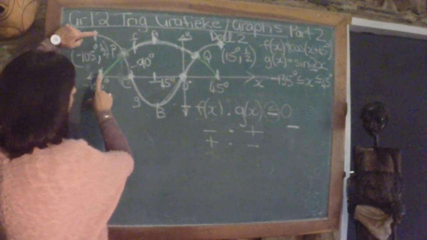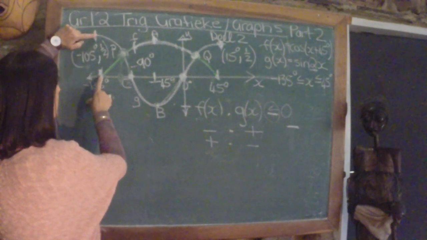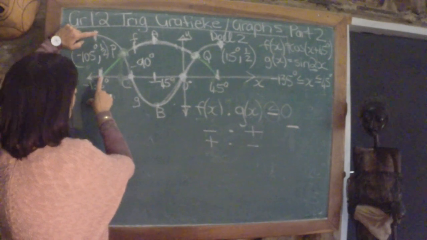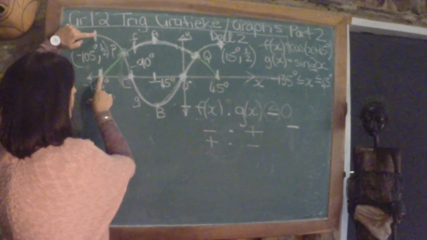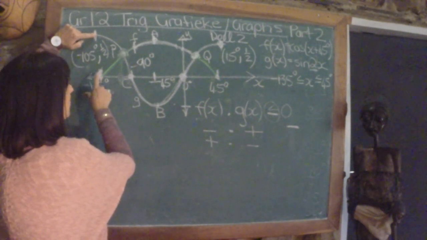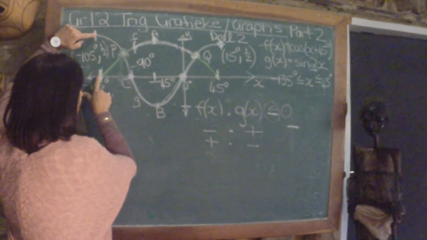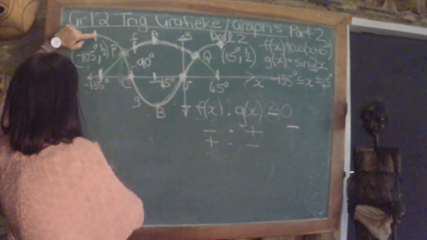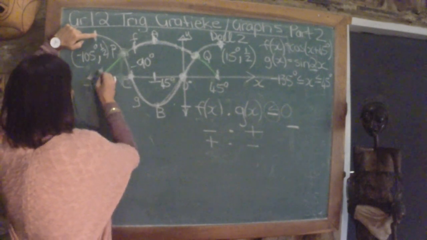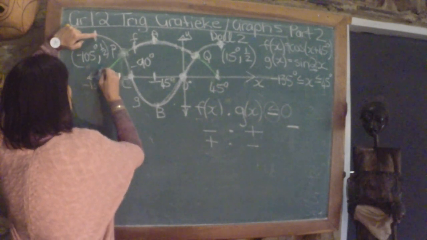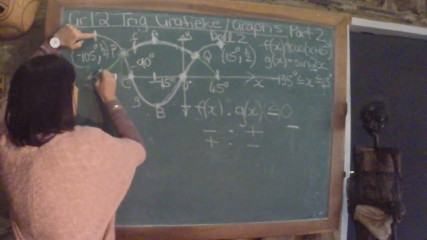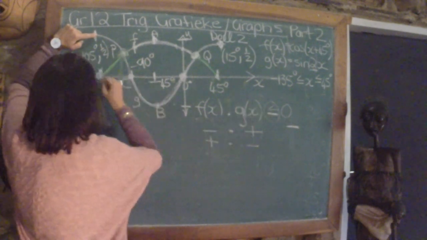Kom ons sit ons twee vingers op beide die twee funksies. Hier is die een 0 en die ander een is positief. So as hy 0 is, as ek iets het, 0 maal met 'n plus gee vir my 0. So that value must be in, because it's equal to 0.